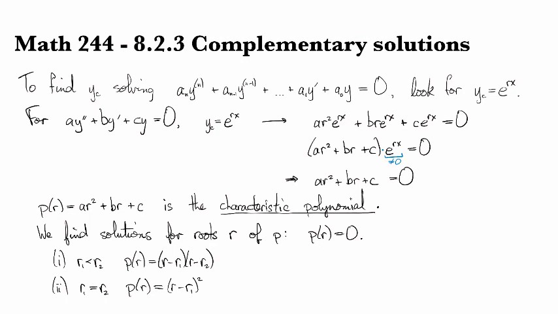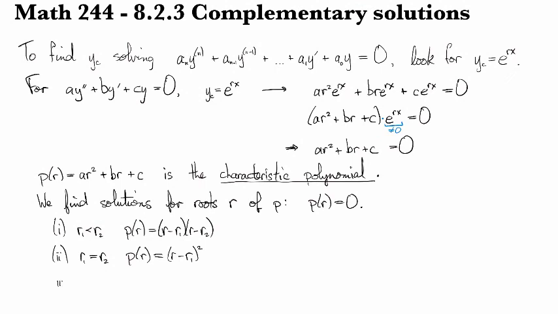And then the last thing that can happen is when we end up with r squared plus r1 squared.